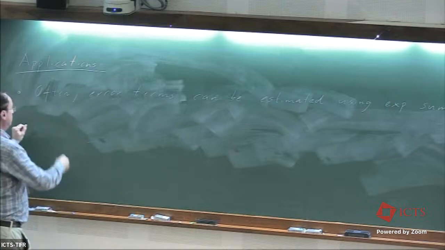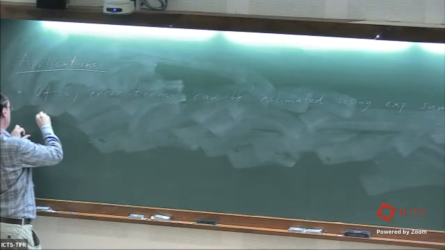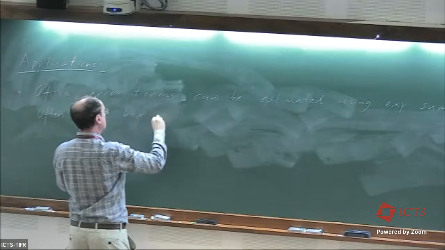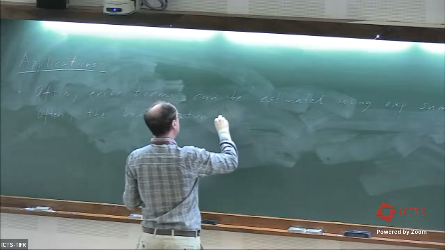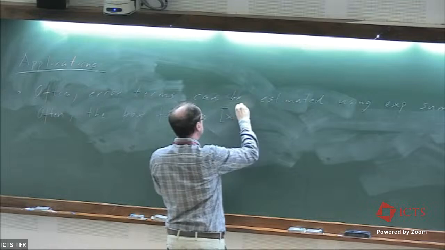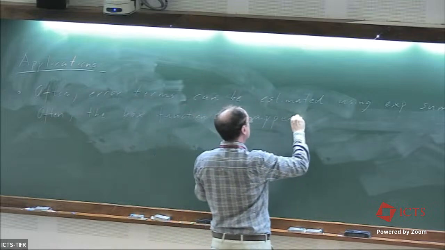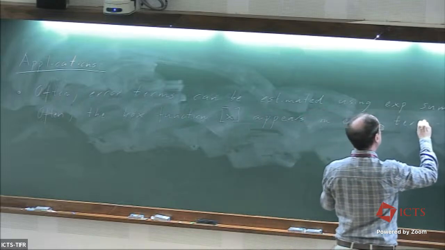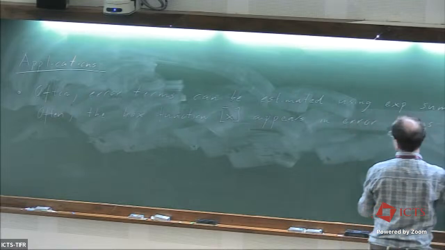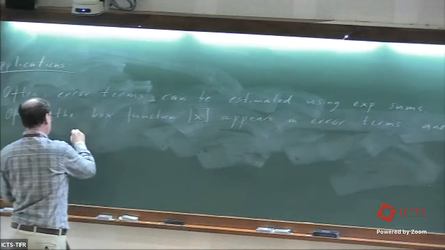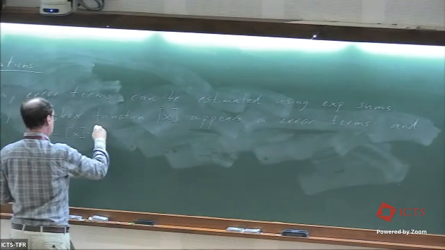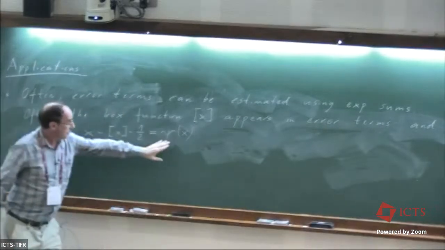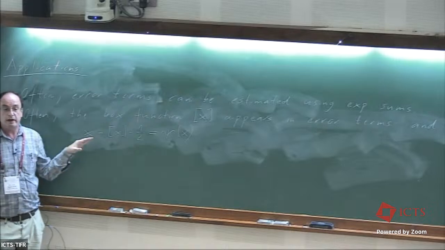As I said, often the box function appears when we write down the error terms explicitly. The function psi of x, x minus floor of x minus 1/2, appears when we approximate the box function by x minus 1/2.